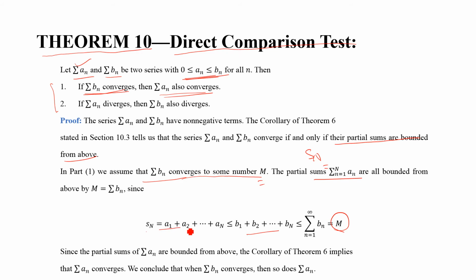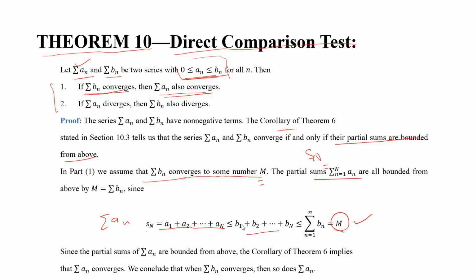This partial sum a1 up to an is bounded above. Now, if this partial sum is bounded above, then according to this corollary, the series sigma an converges. So what we have proved is that if sigma bn converges, then sigma an also converges, with the condition bn is greater or equal to an and both are greater or equal to 0.